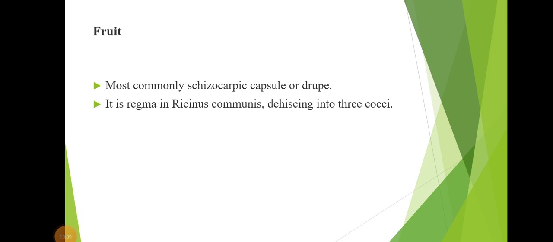If you see the fruit, it is most commonly a schizocarpic capsule or drupe. It is a regma in Ricinus communis, dehiscing into three cocci.